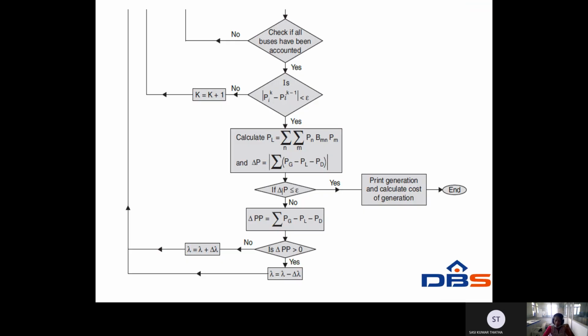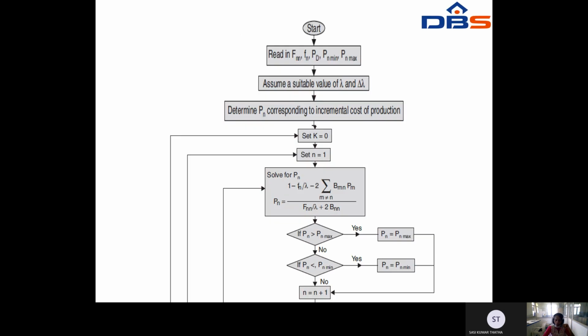Here another condition is Pn(k) minus Pn(k minus 1) is less than sigma. When it is satisfied, we calculate PL. When this condition is not satisfied, we go to k equal to k plus 1, set n equal to 1 and solve for Pn, again checking the condition Pn greater than Pn maximum.